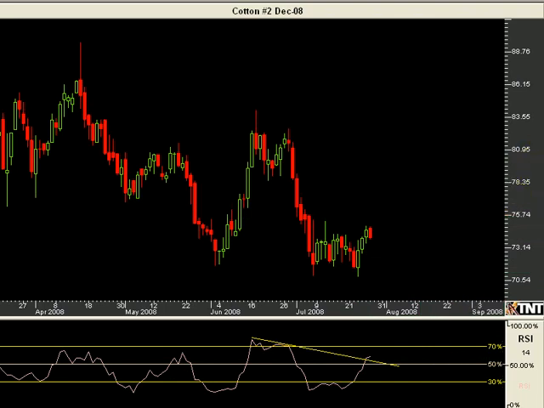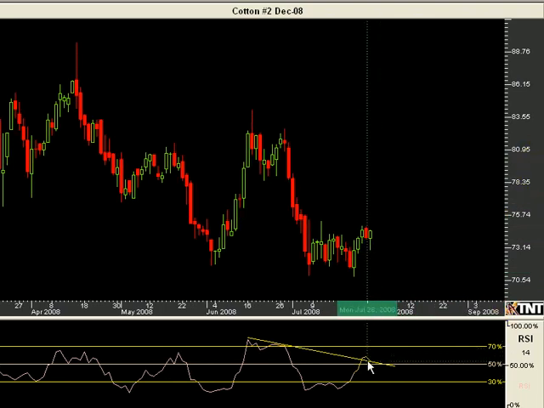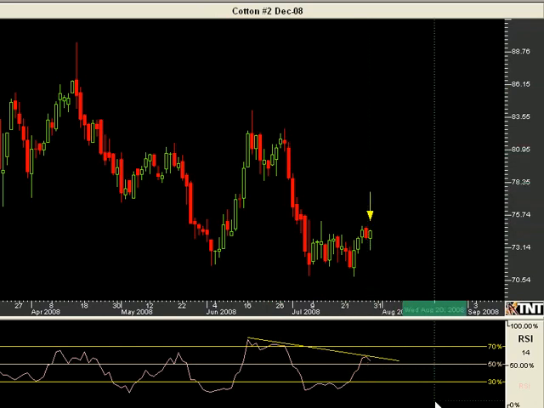So the next couple of sessions, you can see that the RSI actually hooked lower. So this is already telling me that I should be in a position to sell this market short. And I'm going to short that bar right there. I'm going to sell the low of this bar.